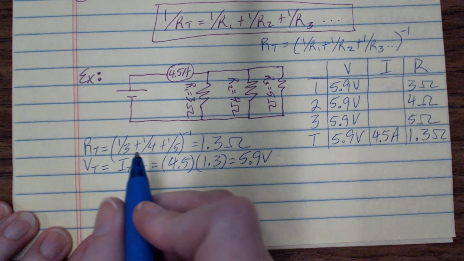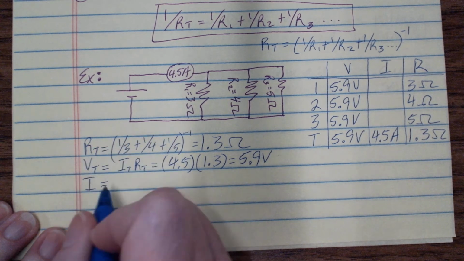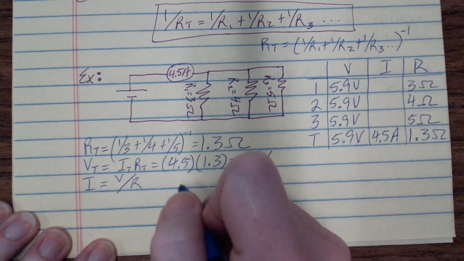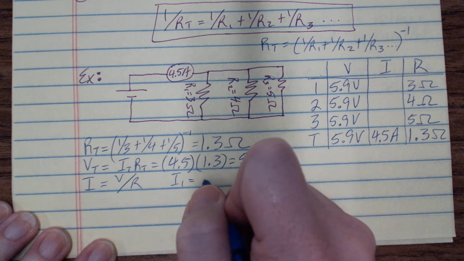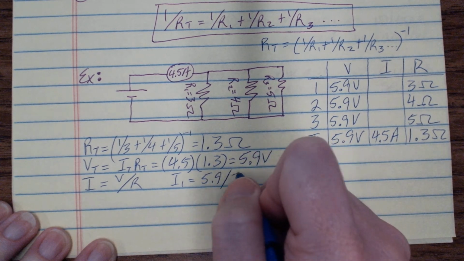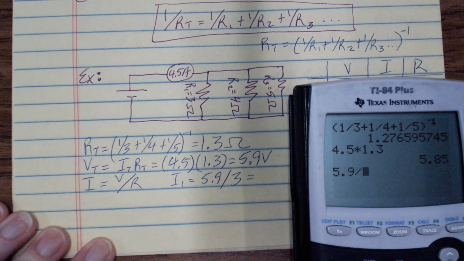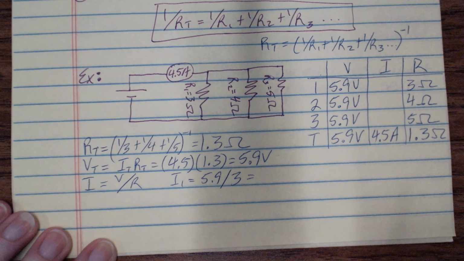Well, if V equals IR, then I equals V over R. So for I1, that's 5.9 over 3. So about 2.0.